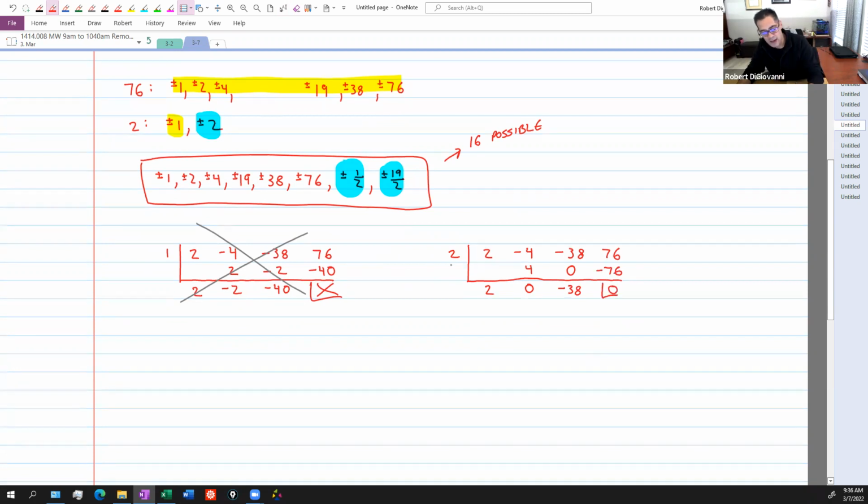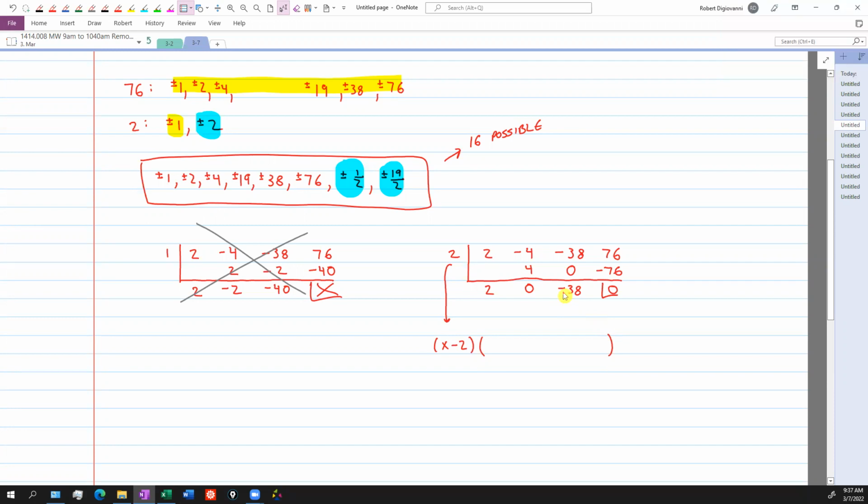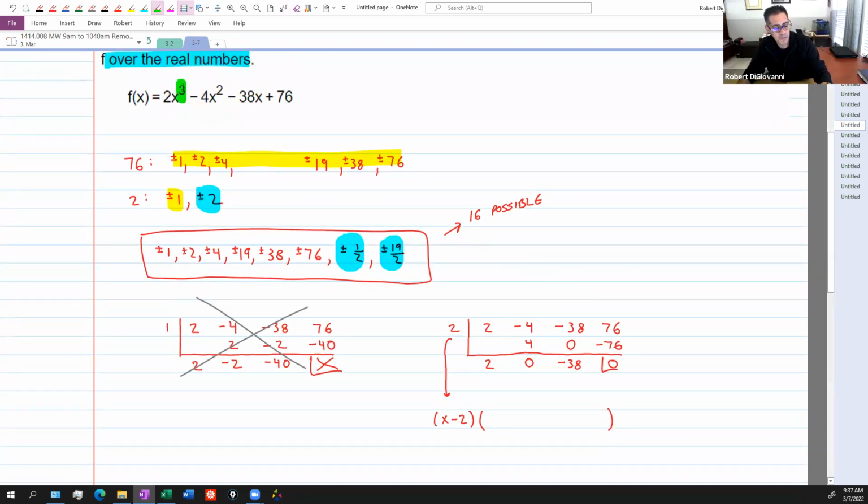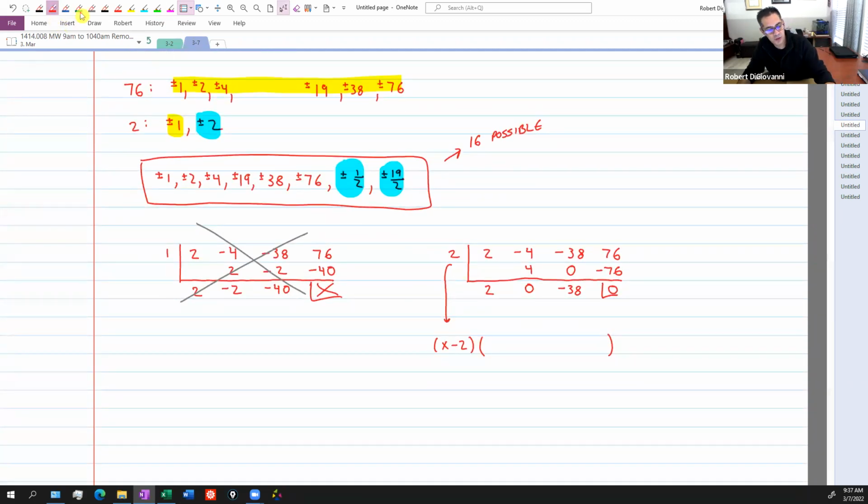Okay, good, now this allows us to factor, so we can bring this down as x minus 2, and then the remaining part of the polynomial will be this, and notice that we started out with x cubed up here. So this should be a 2 in front of x squared. We should have nothing in front of x and then minus 38.